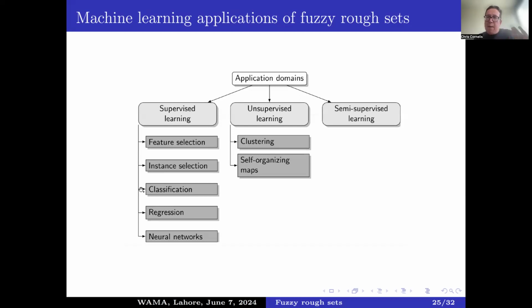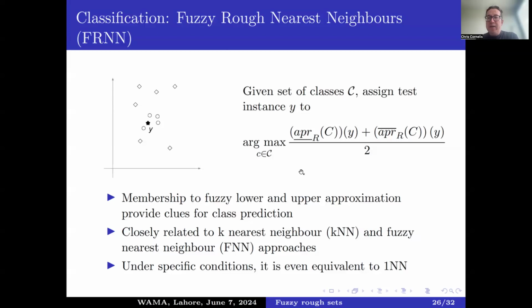And then perhaps the domain where we worked most on is classification. And in the next two slides, I will give you two types of algorithms, one instance-based and one rule-based. The first algorithm is called fuzzy rough nearest neighbors, or FRNN for short.